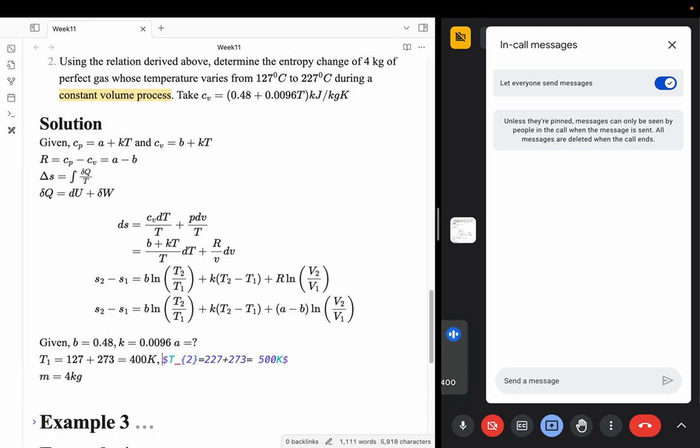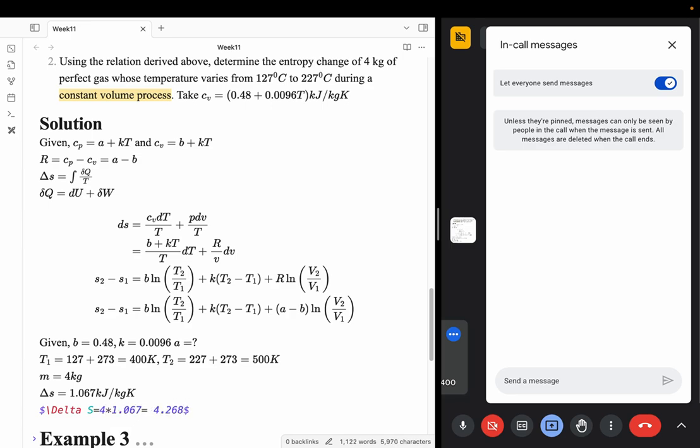But I've already given the mass, so this is kilojoule per kg Kelvin. So you can multiply with mass to get the total delta S. Four point two six eight kilojoule per Kelvin.